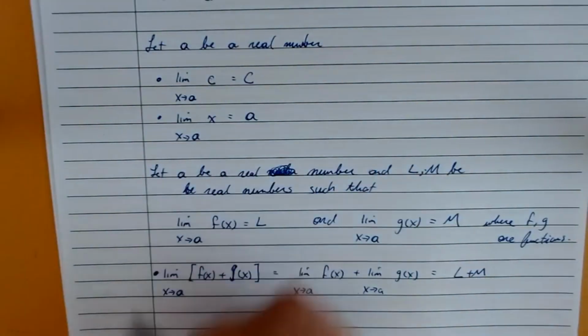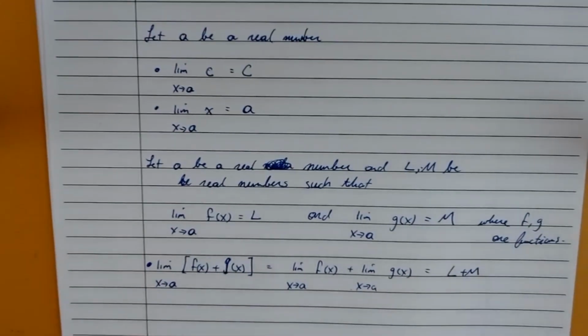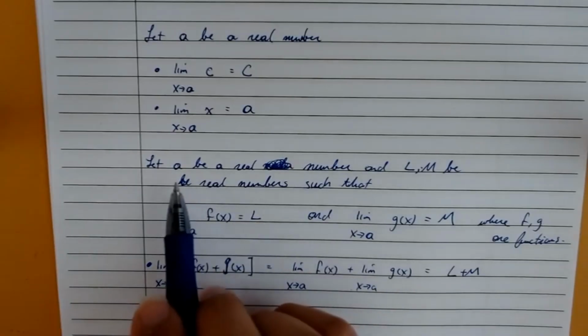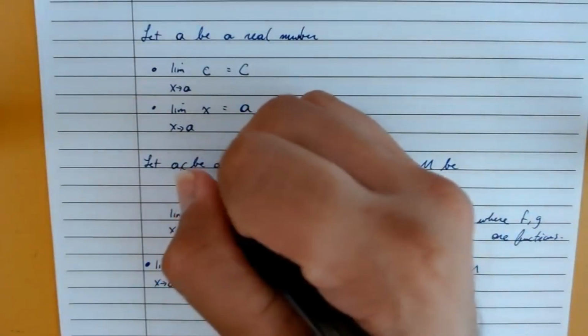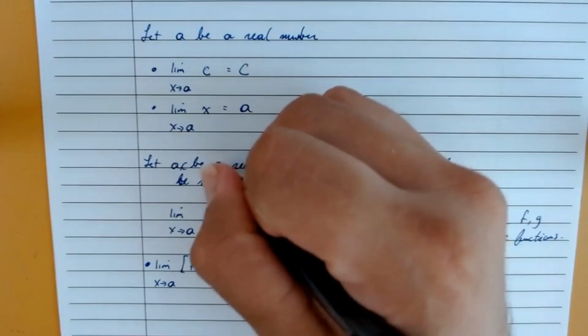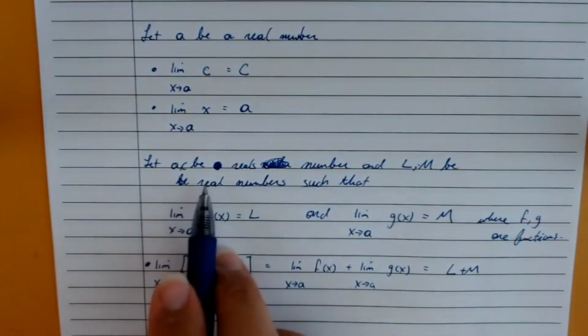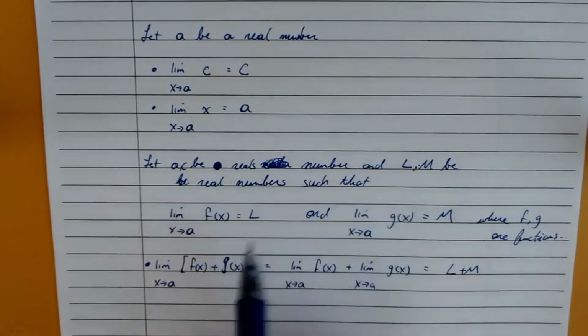All right, so that's one property, and here's a third property. The next property that we have is, oh, you know what? We're going to need one more number here. So let A and C be real numbers. Any numbers is fine. Doesn't matter what they are. And here L and M are specifically the real numbers that are the limits of these two functions.